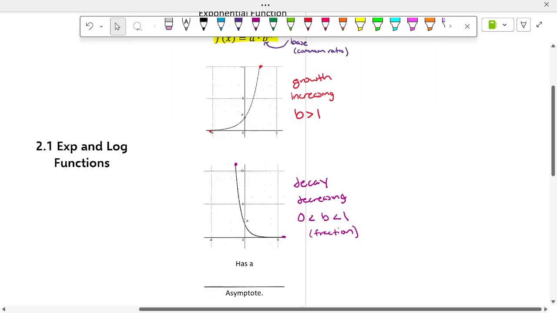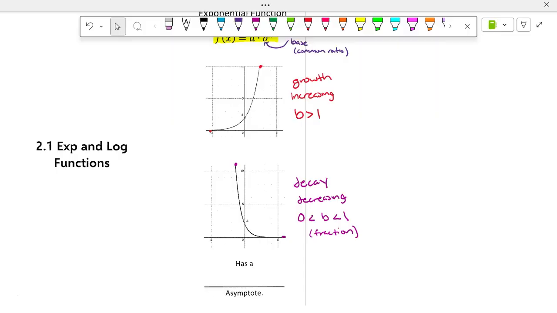Now, another thing to note about exponential functions, they have something called an asymptote. All right. What that means is that it's just a line, whether it's horizontal, vertical, slanted, whatever, that it does not cross. The graph physically does not cross it. All right. So, in this case, exponential graphs only have horizontal asymptotes.